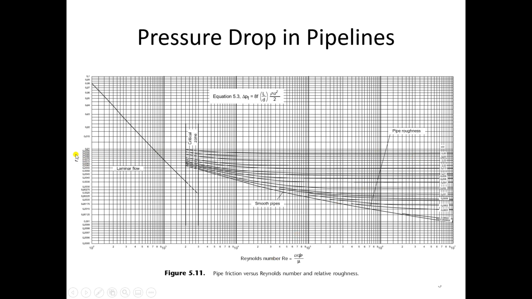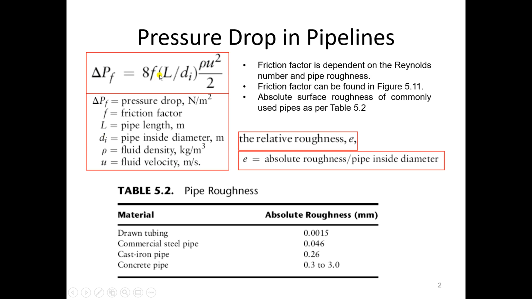Looking back at this equation, it calculates the pressure drop in Newton per meter square. Here you have the friction factor, which we can find in figure 5.11, then the pipe length, the pipe inside diameter, fluid density, and fluid velocity.